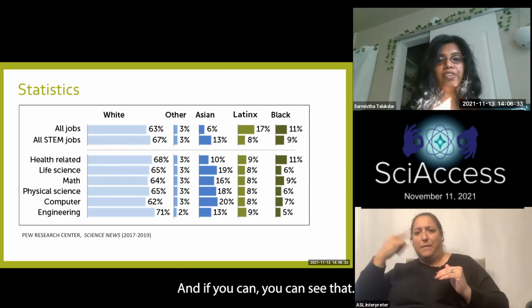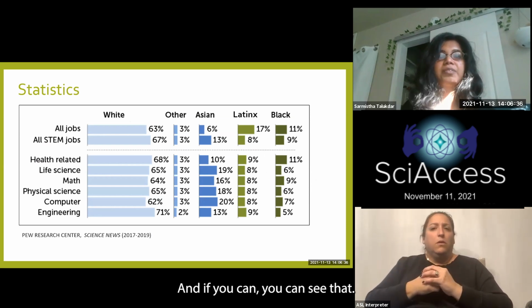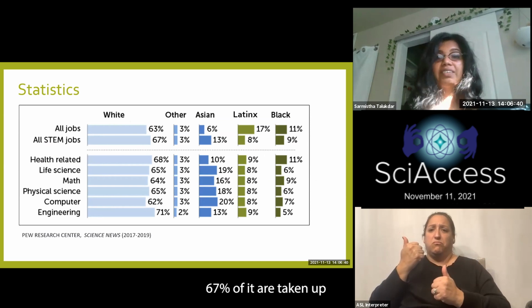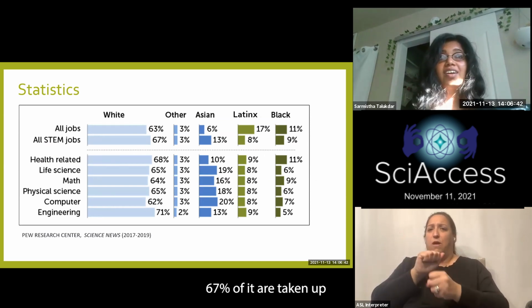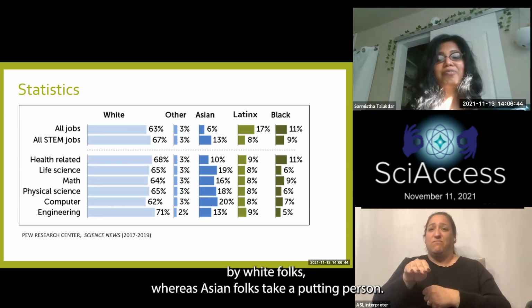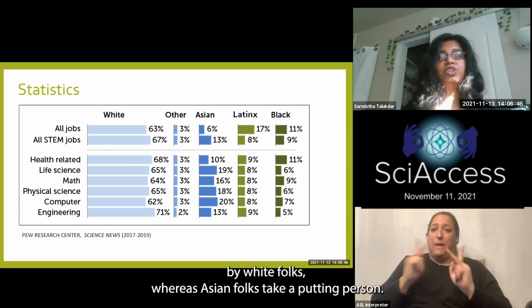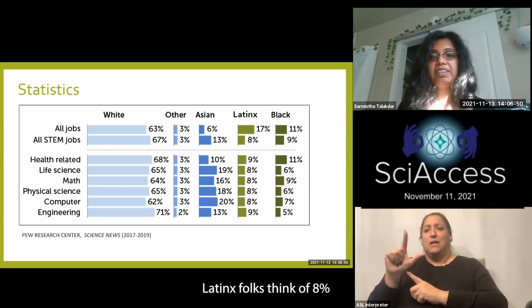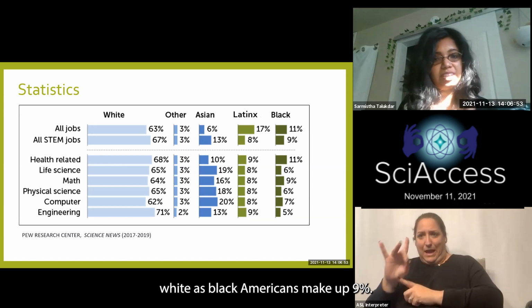You can see that in STEM jobs, 67% are taken up by white folks, whereas Asian folks take up 13%, Latinx folks take up 8%, whereas Black Americans take up 9%.